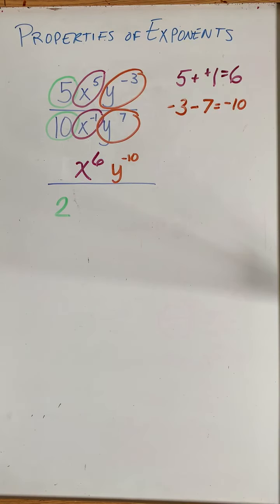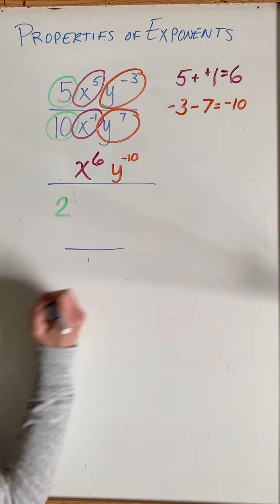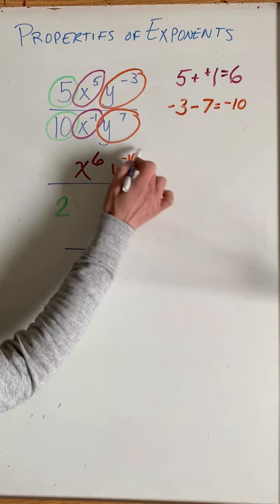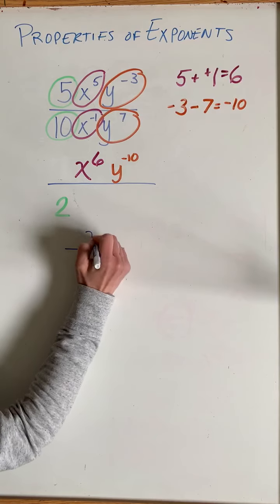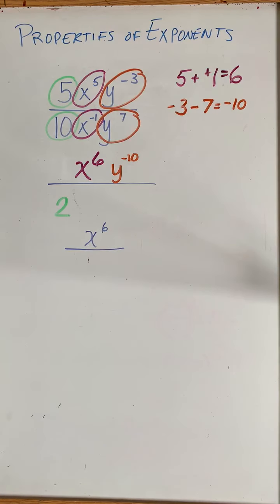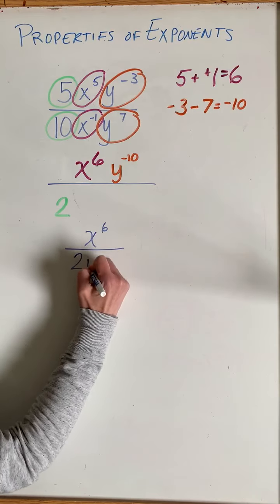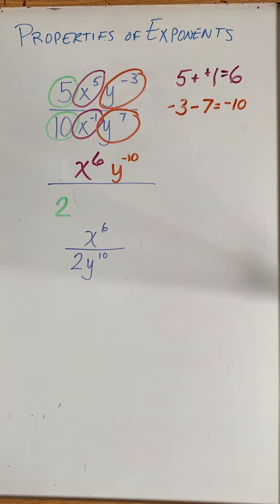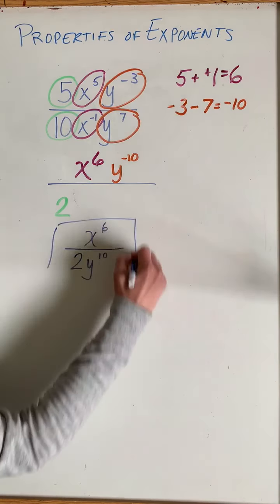Which variable do we want to move? We are going to move the y because that one has the negative exponent. So I'm going to leave the x to the 6th in the numerator, and I'm going to move that y to the 10th down. And so we're left with x to the 6th over 2y to the 10th. Okay? And that is our final answer.